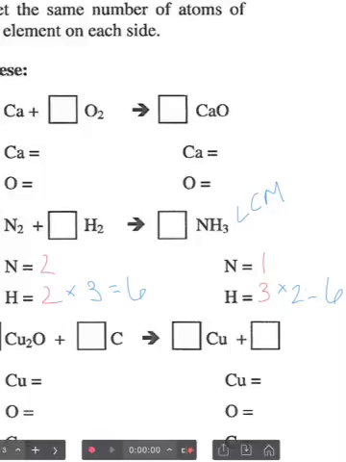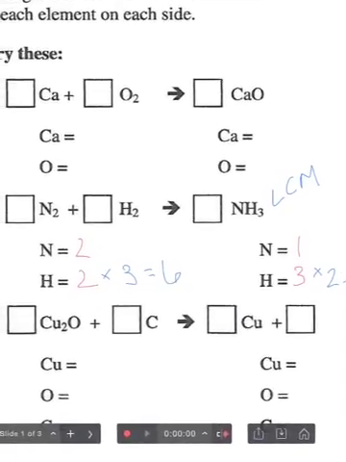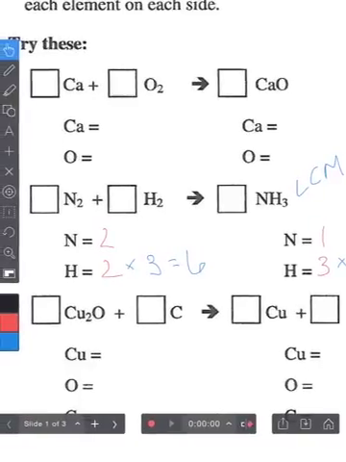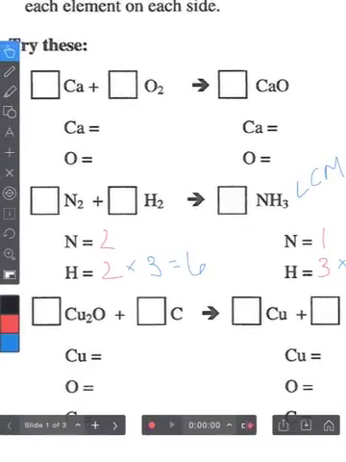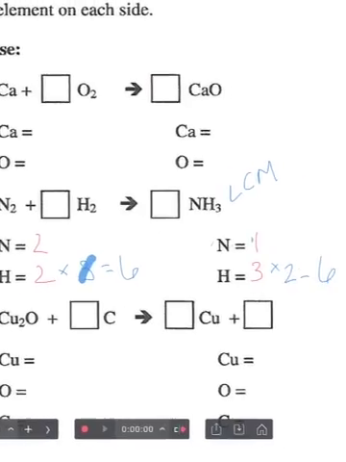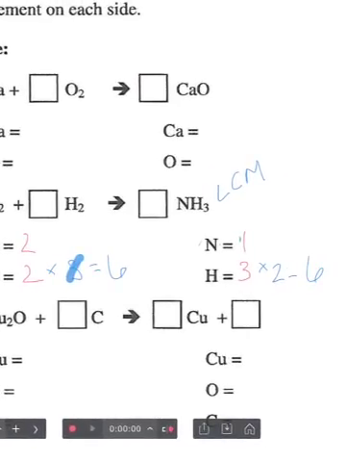Now what does that look like? How can I make my equation balanced knowing those numbers? Well, as I said, it's the number that you multiply by, as I'm highlighting here. It's the numbers that you multiply by, that you record in the coefficient spot.